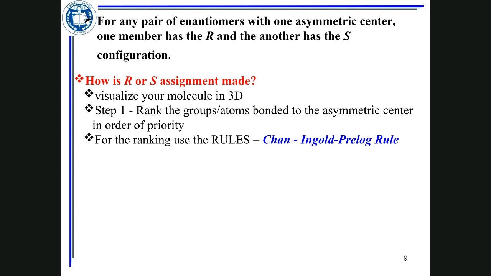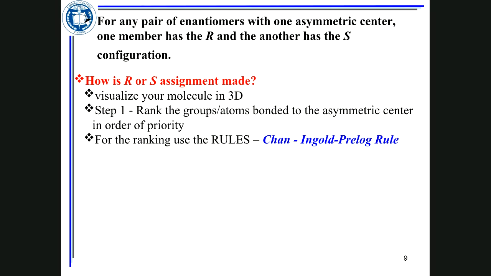I have to hold the molecule in a way that the group with the lowest priority is away from your view. So I hold this back away from your view. I'm kind of showing you. If I bring it this way, the hydrogen is coming toward you, so I make it go away from your view, even though it's in my view now.